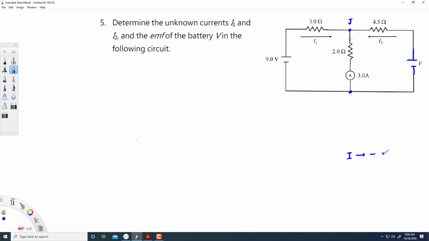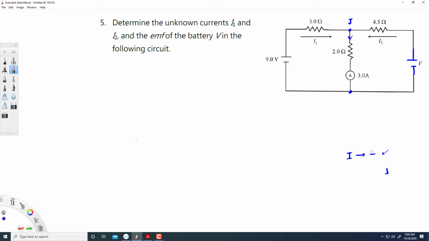You can consider that the current is going this way, or going down this way. It doesn't matter. If your answer comes out positive, the chosen direction is correct. If it comes out negative, the direction you chose is just opposite to the correct one. We'll see an example of that in the next problem.